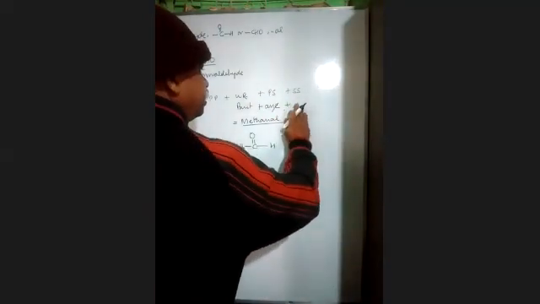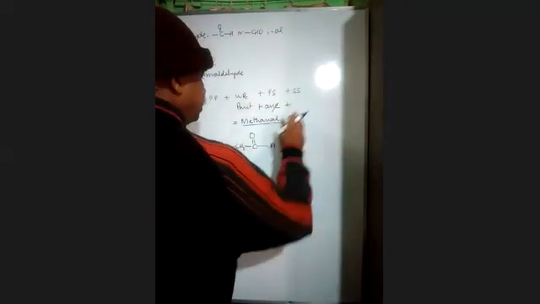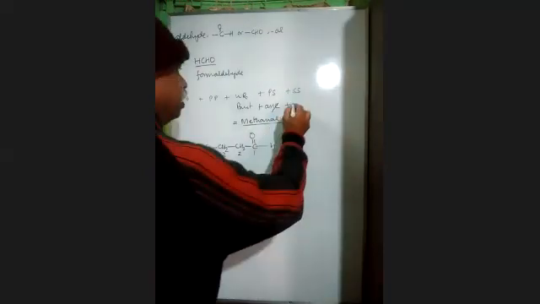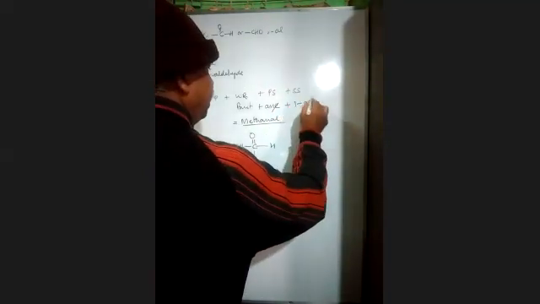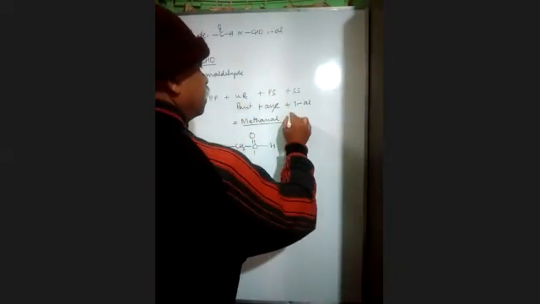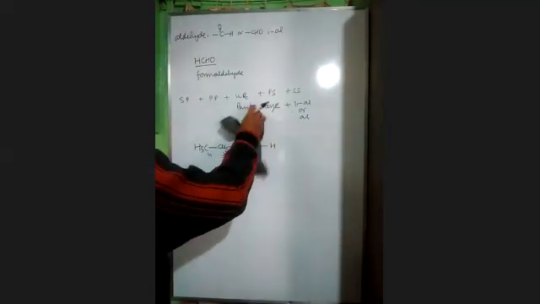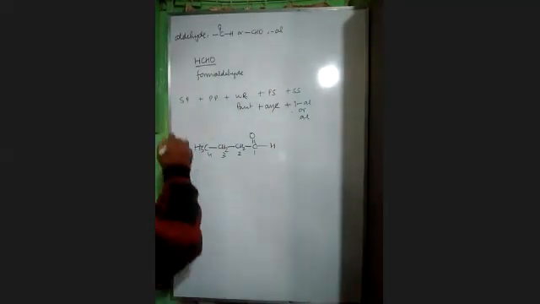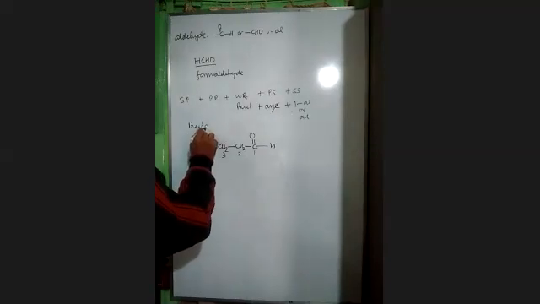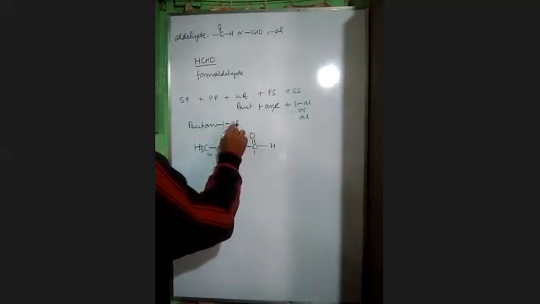Now, if you wish, you can write 1-al, or you can simply write al, because this is only the first carbon. It depends upon you. If you follow the rule strictly, then you'll write 1-al.